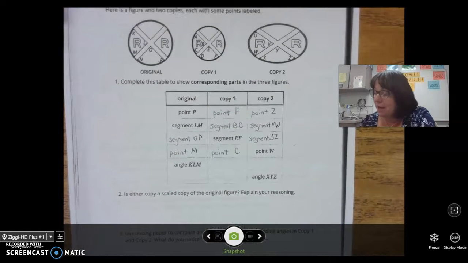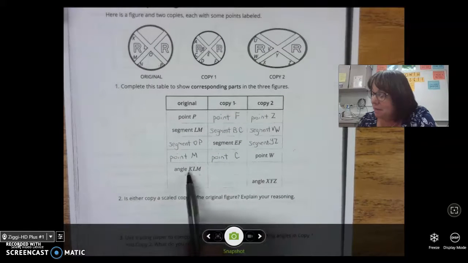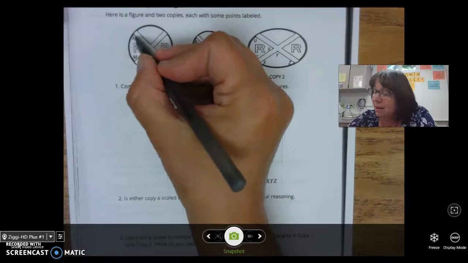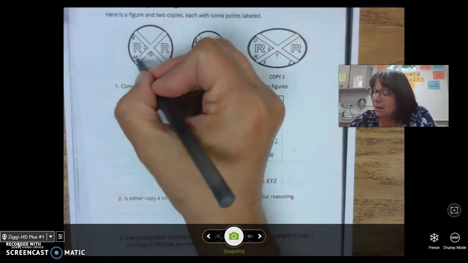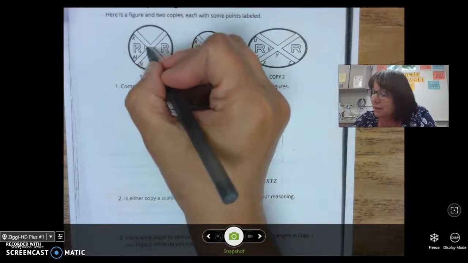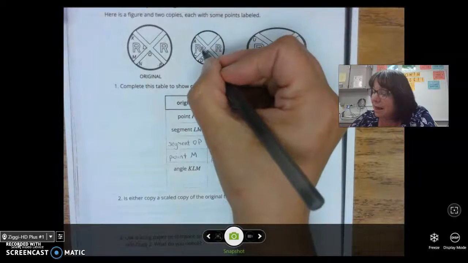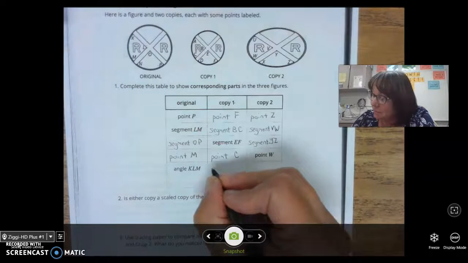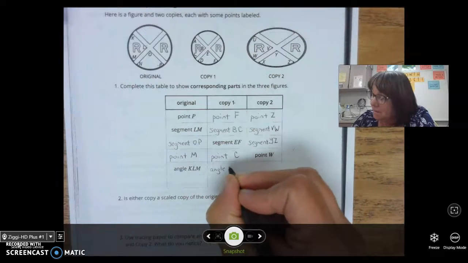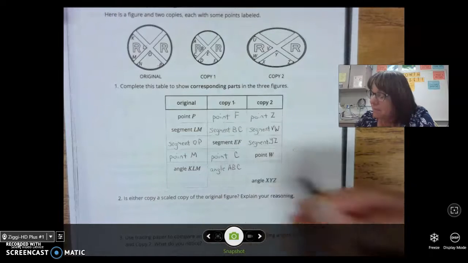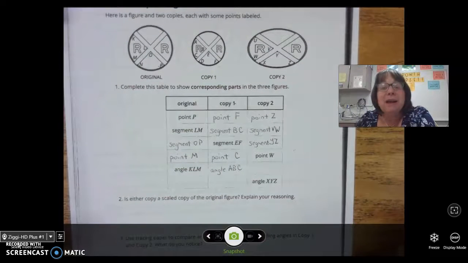Okay, angle KLM. When we say an angle, the middle letter is always the vertex. So KLM is talking about this angle right here. What would be the same? Looks like ABC. Could I call it angle CBA? Yes, the B has to be in the middle. That's the only stipulation on that.